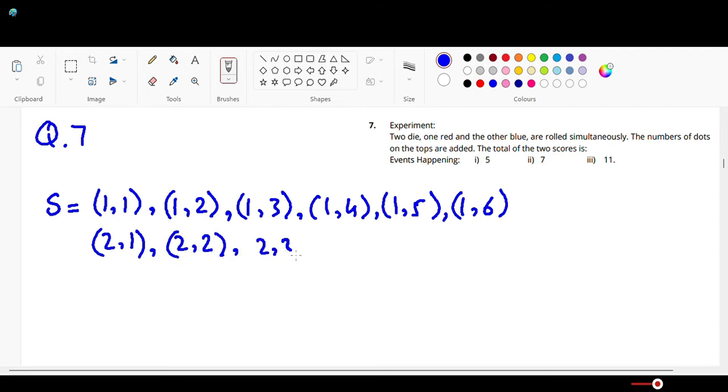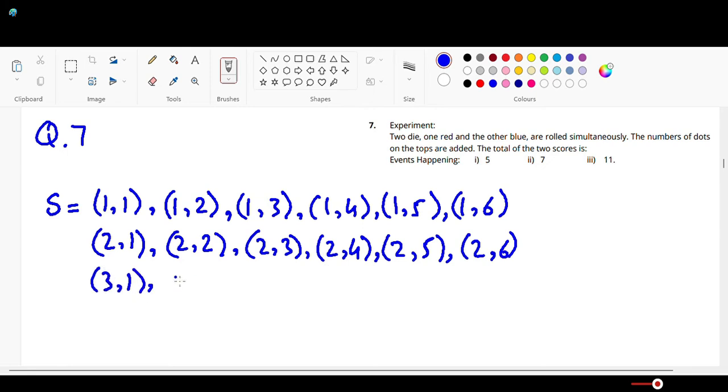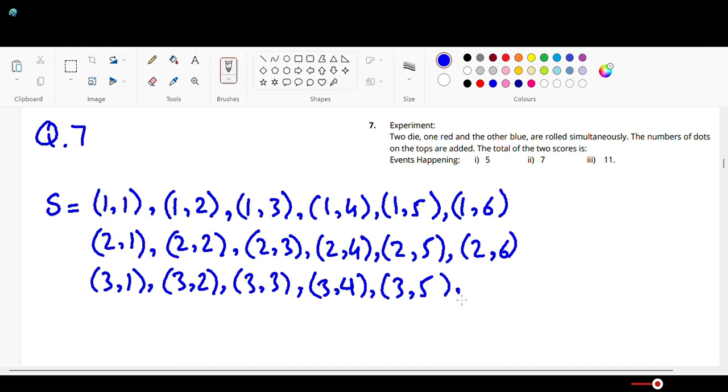It is. 2 and 3, 2 and 4, 2 and 5, 2 and 6, 3 and 1, 3 and 2, 3 and 3, 3 and 4, 3 and 5, 3 and 6.